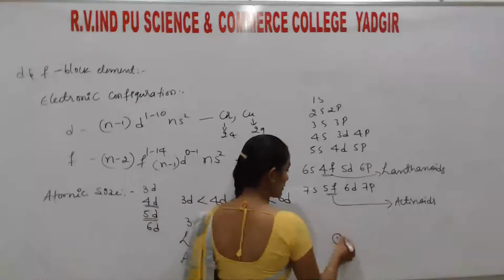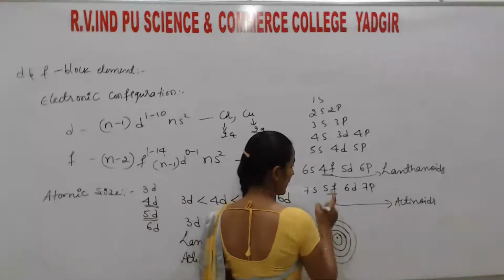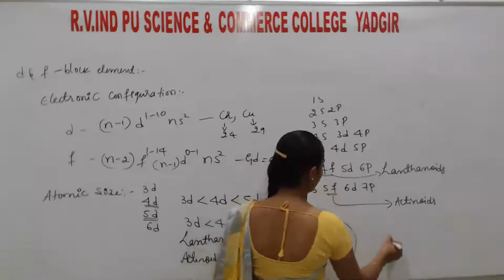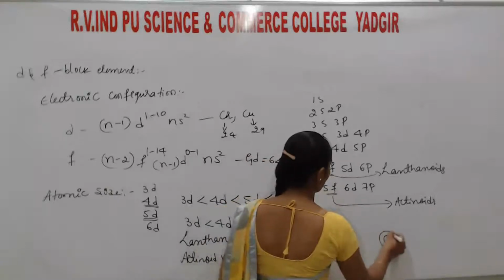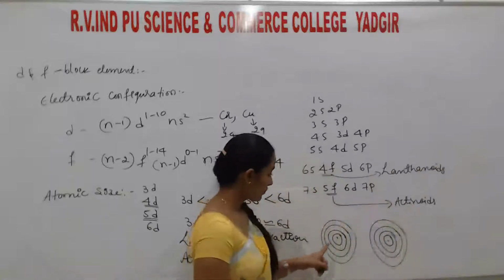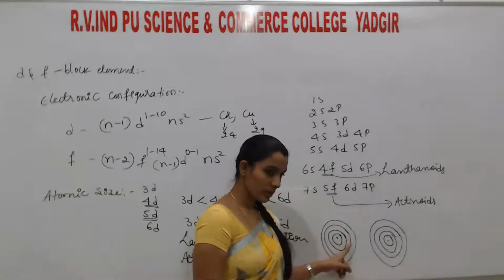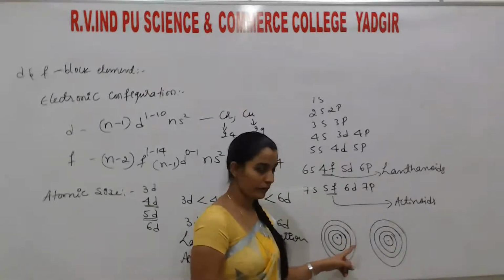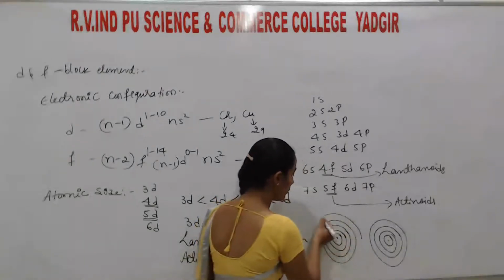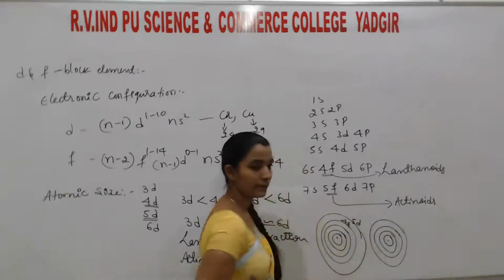Here I say 1s, 2s, 3s, 4s. So listen: 1s, then 2s 2p, 3s 3p 3d, 4s 4p, 4d. So next one is 5d. 4f is here, 5d is here.